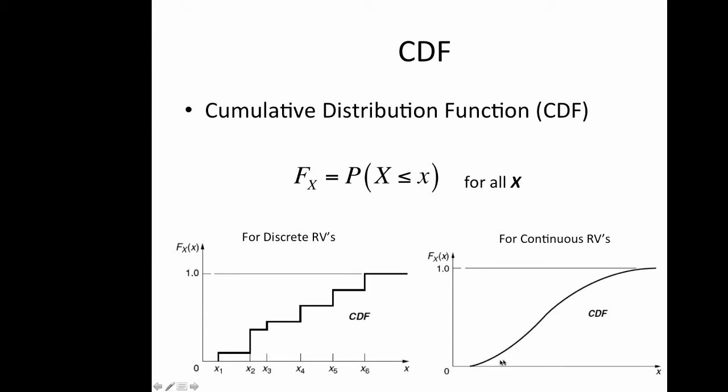So this again defines all of our sample space, but in a continuous fashion, where there's not a step to it, but a smooth transition as we go from 0 all the way up to 1 for a continuous random variable.